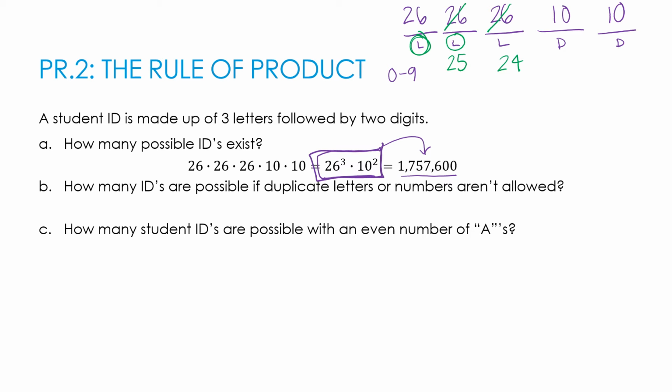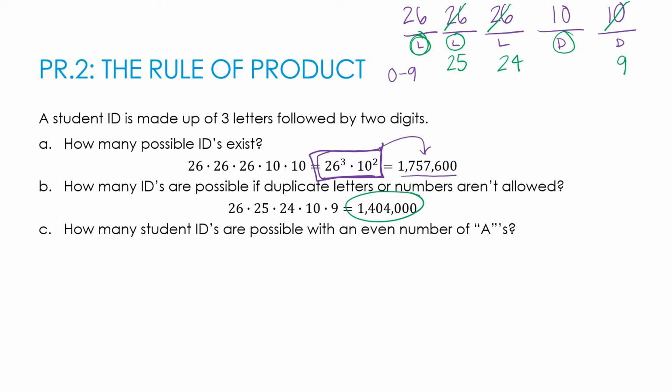For my digits, I've got one digit that can be anything that I want it to be, 10, but my next digit has to be anything except for what I chose here. So that's going to be my new solution, 26 times 25 times 24 times 10 times 9. And again, I found that as a raw score as well.